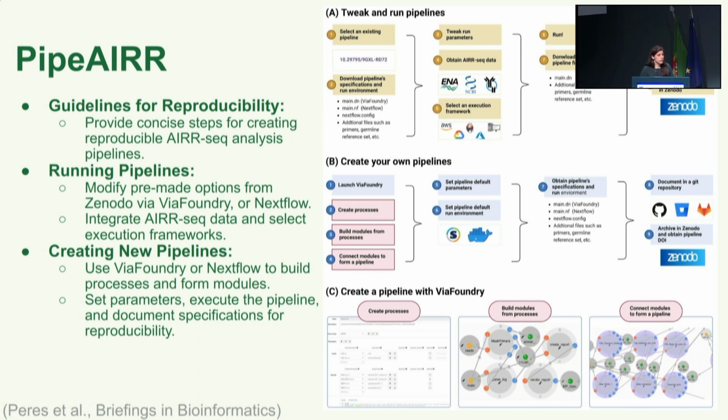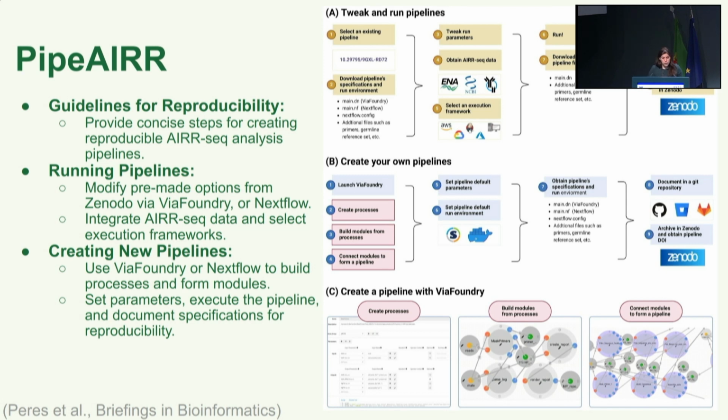The idea is to use a very standardized way, either creating your own or using current pipelines, but in a pipeline format code. It can either be using Nextflow or a newly developed tool called Via Foundry, which is a user accessible tool that allows you to develop a pipeline using the Nextflow framework.